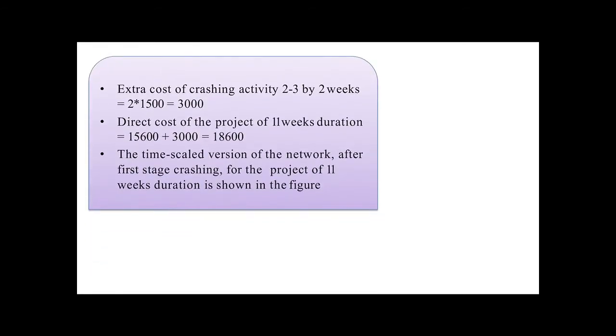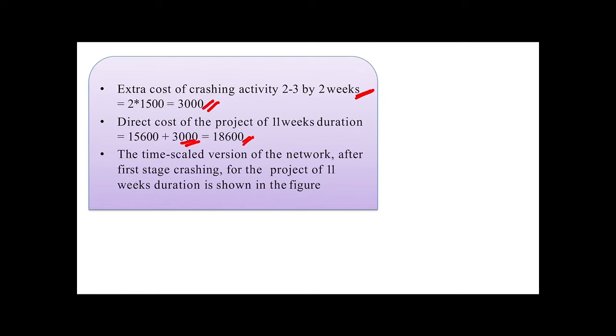So the new duration of the project will be 11 weeks now. The extra cost of crashing the activity, as we discussed, we crash by 2 weeks. So 2 into cost slope will give us 3000. Now the direct cost of the project of 11 weeks will be the normal direct cost we have calculated plus this extra cost, which will give us 18,600.